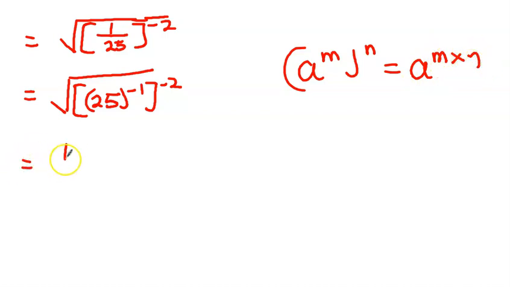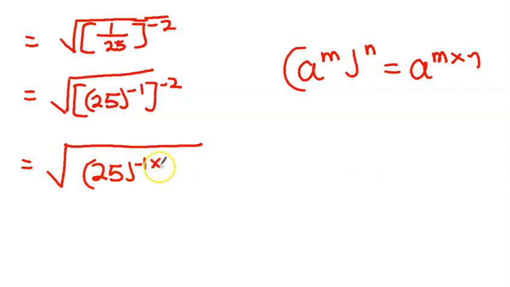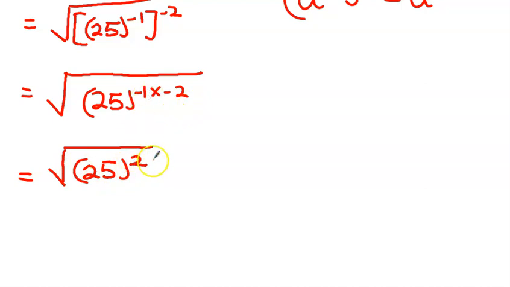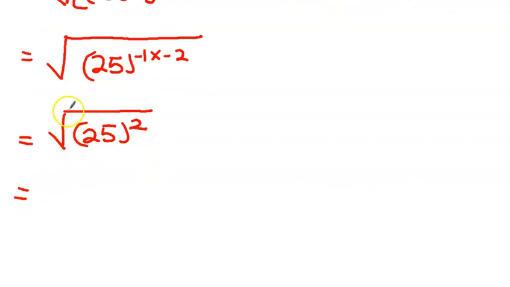So this can be written as the square root of 25 raised to the power minus 1 times minus 2, which is positive 2 now. And the square root here we'll take care of.